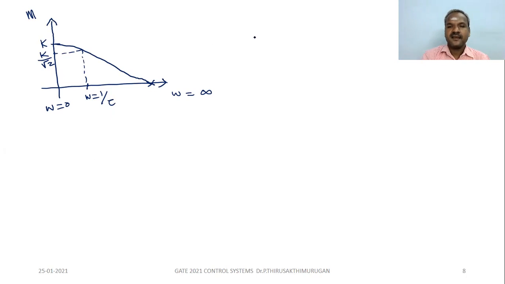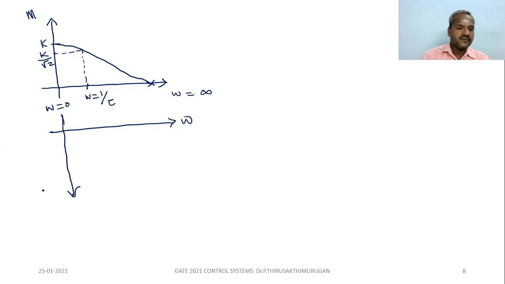Similarly, what is the phase angle? Let us see the phase curve. This is omega, and this is the phase angle. When omega is 0, 0 degree.